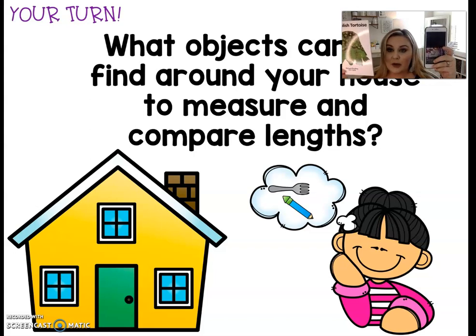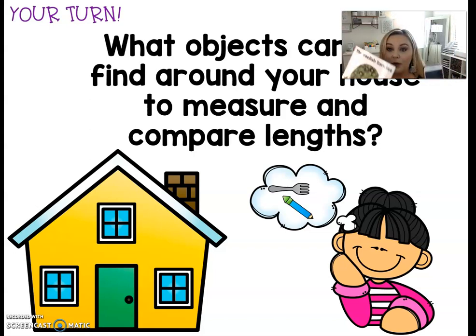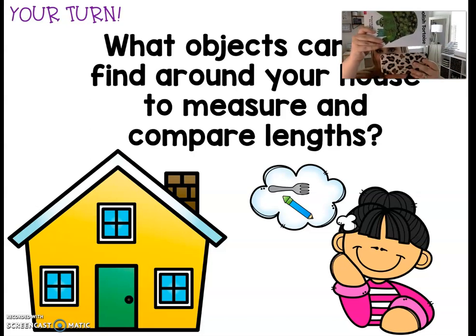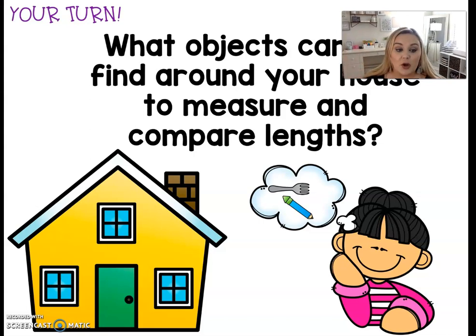You're going to put them next to each other, and you are going to compare the lengths of the book and the phone to see which one is longer. So go ahead and do that.